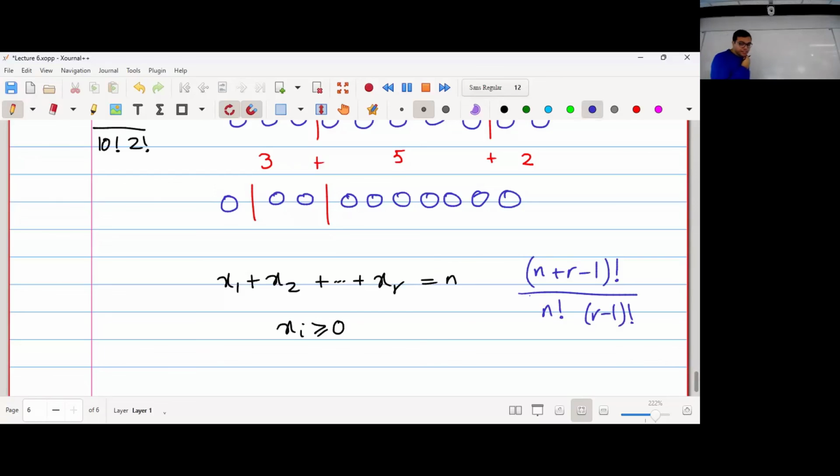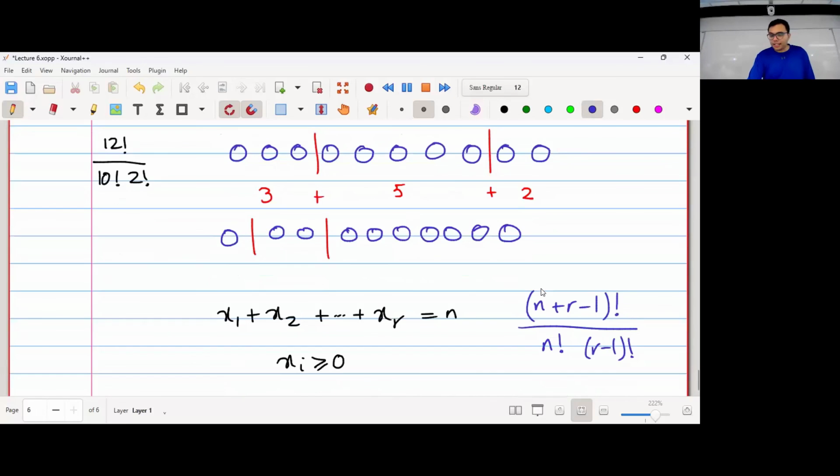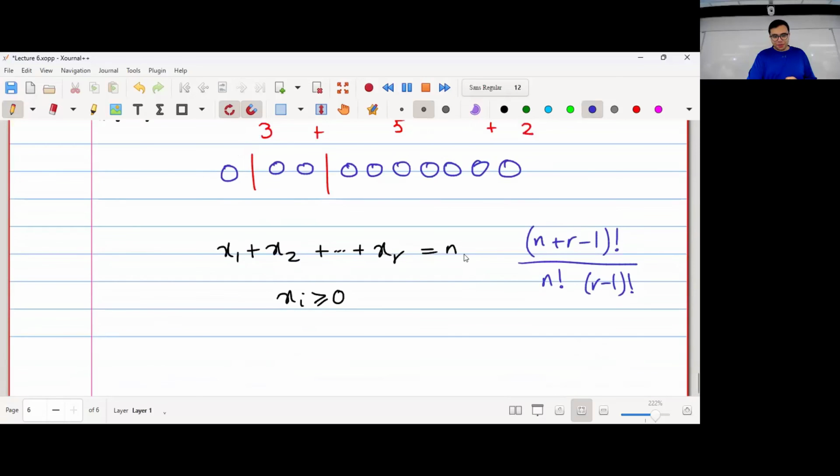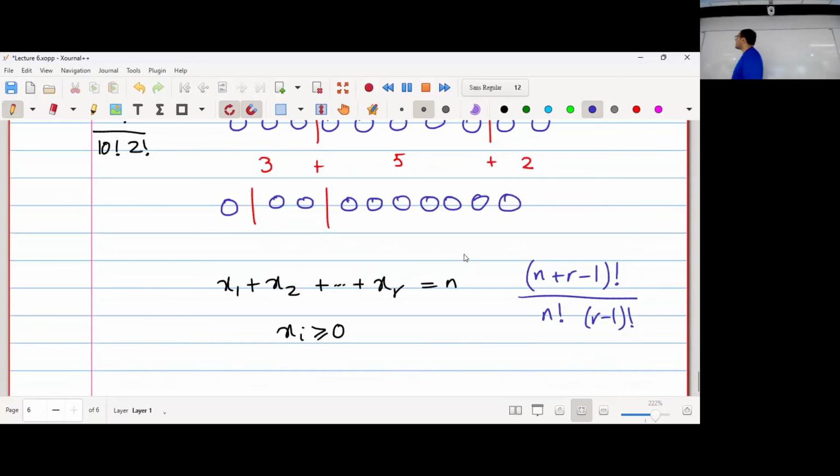Okay. But there is another way to get the same solution. And this actually shows you some interesting point here. So here's the thing. I want to count the number of permutations of a number of balls and a number of bars. In this case, I had 10 balls and 2 bars, right?